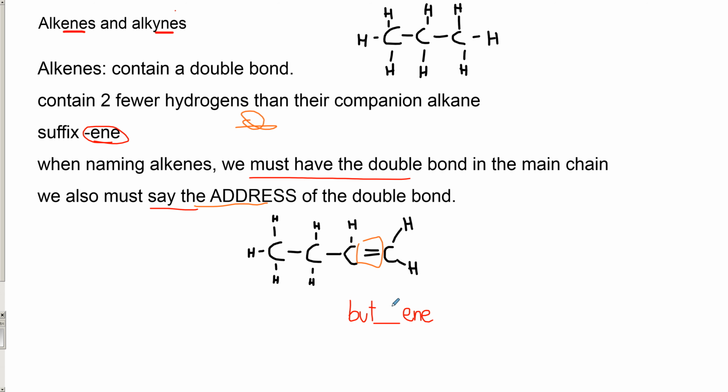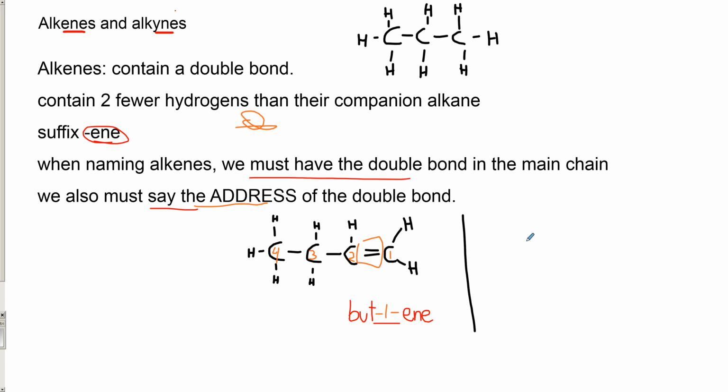Remember, our goal is to get the smallest numbers possible. So here, I would rather count 1, 2, 3, 4 this way. That means my double bond is on carbon 1, which gives us the molecule called bute 1-ene. And you might be wondering, okay, Lorenz, what does a bute 2-ene look like?